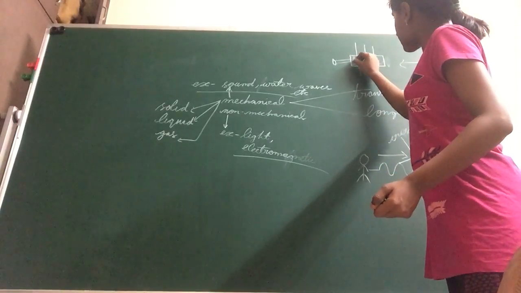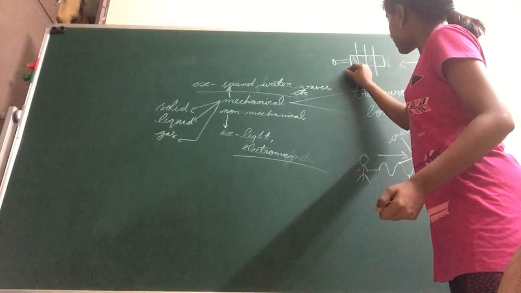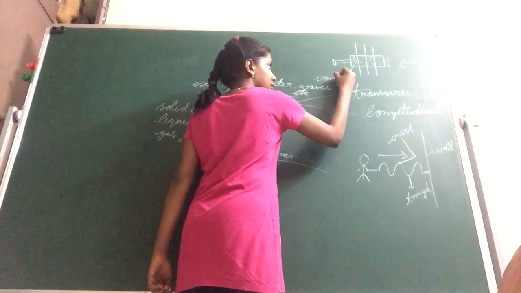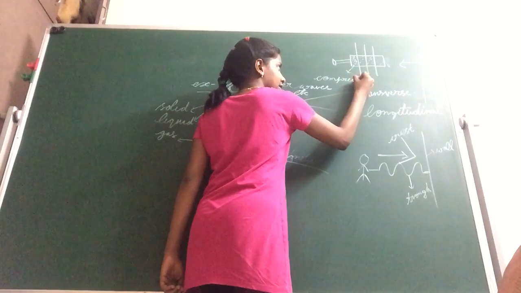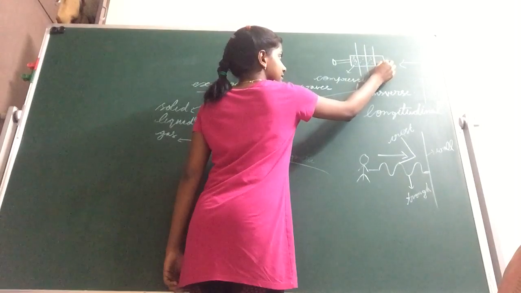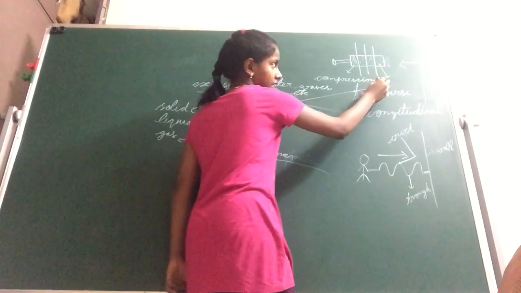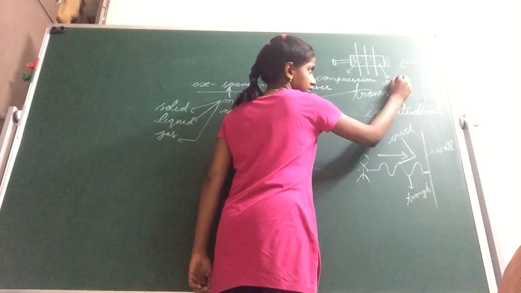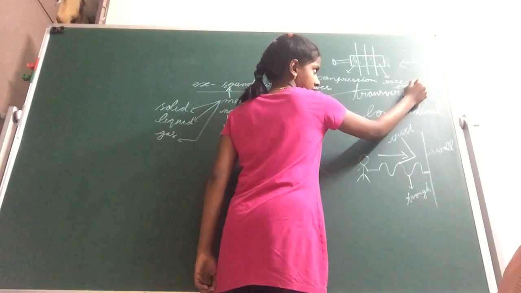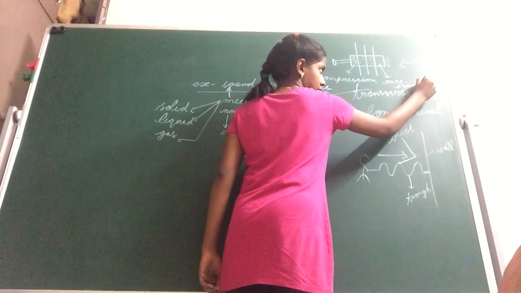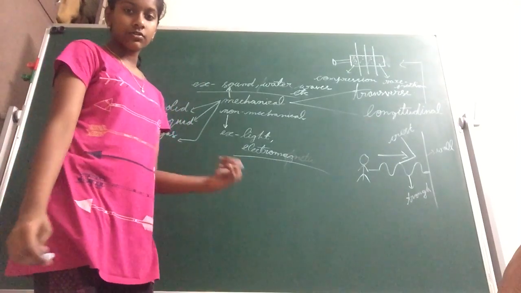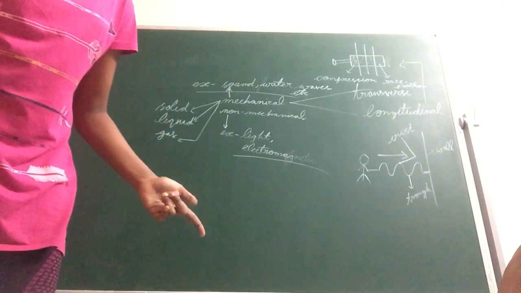So this section is called compression, and this section, the free section, is called the rarefaction. So that is about transverse and longitudinal.